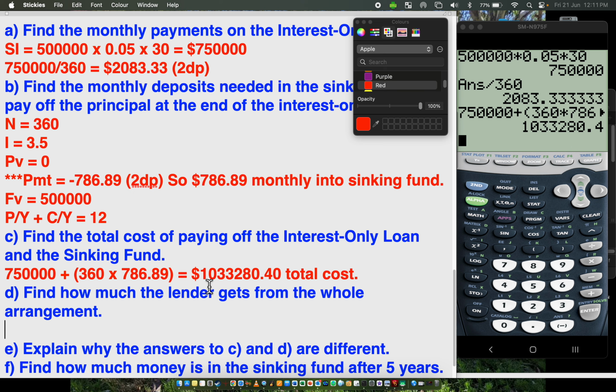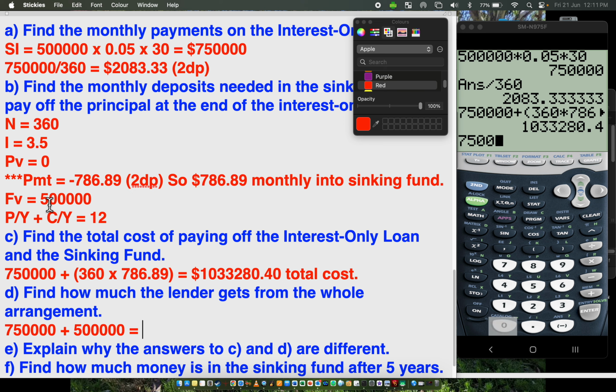Looking at D, can anyone suggest to me how much the lender is going to get from the whole arrangement? Is it going to be the same as this? How much interest are they going to get from us directly? 750 grand. How much am I saving up in the interest earning account? 500,000. That's what they're going to get from the account, not just my payments. So they're going to get 750 grand plus 500 grand that I saved up by the end of 30 years.